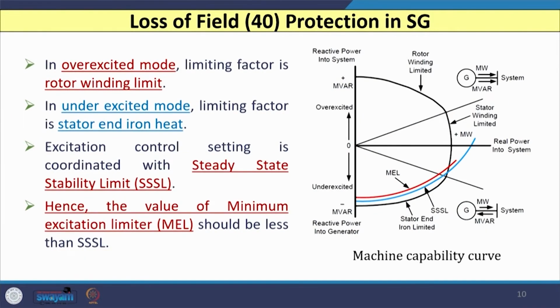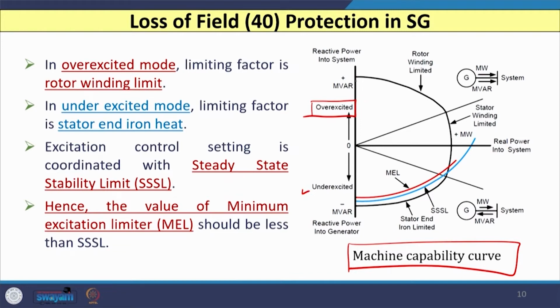Why does the scheme fail? To understand that, normally the locus of loss of field coincides with the machine capability curve. Here I have shown the machine capability curve in two modes: the first when the synchronous generator is running in over excited mode, and the second when it is running in under excited mode.